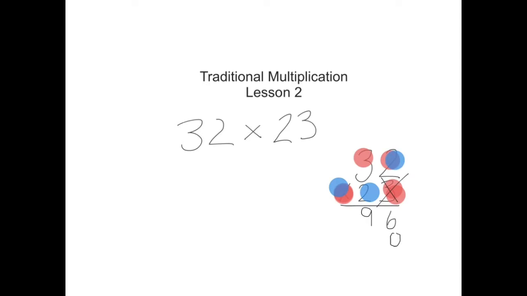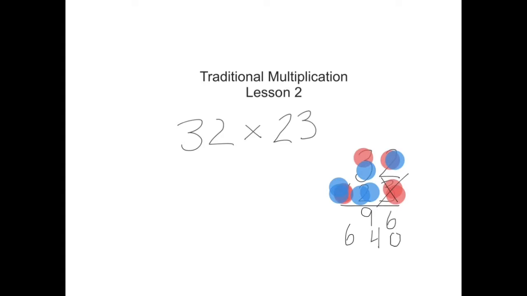2 times 2, which gives me 4. Nothing to carry to my next place value. And now I can do 2 times 3, which gives me 6.